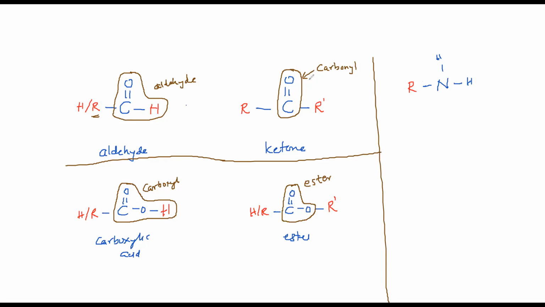This is primary amine. In secondary amine, 2 hydrogens will be replaced by alkyl. In tertiary amine, all 3 hydrogens will be replaced by alkyl. So this is amino, the name of the homologous series. Okay, now what about amide?